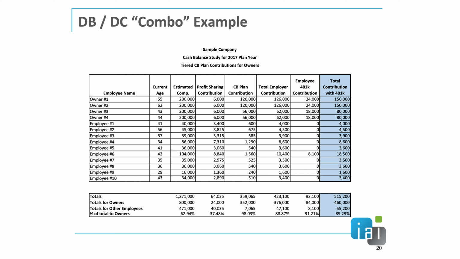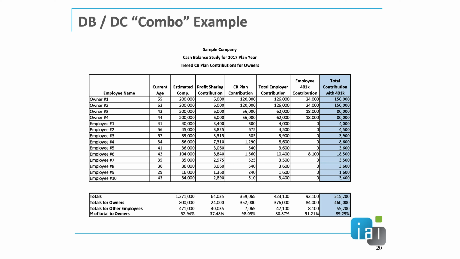Now again, there's lots of ways to accomplish this, but I just want to show one quick example. This is a DB-DC combo, where the DB plan is actually a cash balance plan, and the DC plan is a profit-sharing 401k plan.